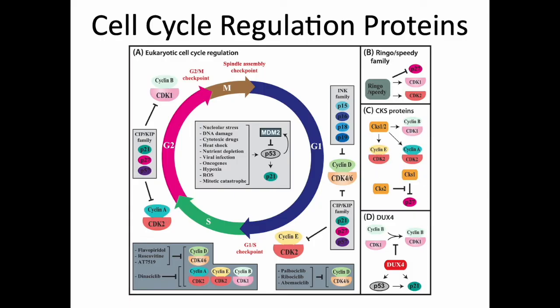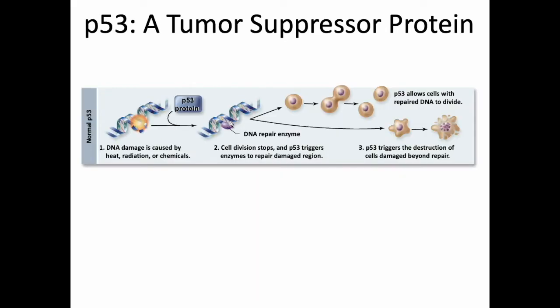The worst thing that could possibly happen is a mutation, unrepaired DNA damage, a mutation to slip past the notice of P53, but that mutation is in the gene for P53 itself.